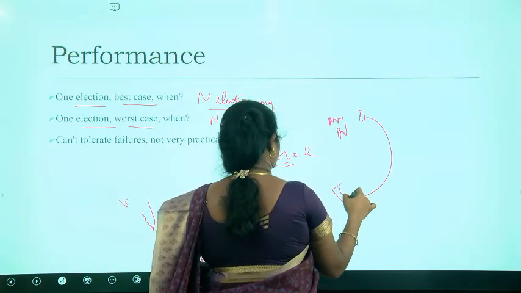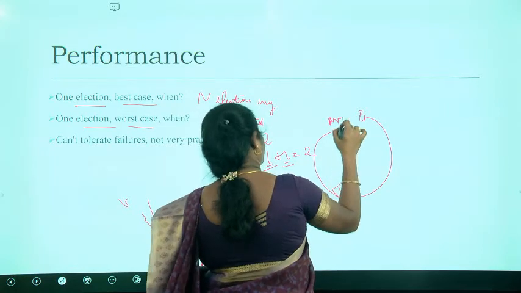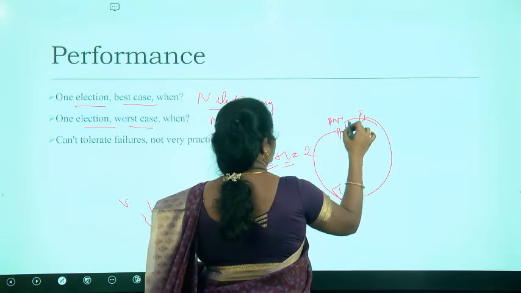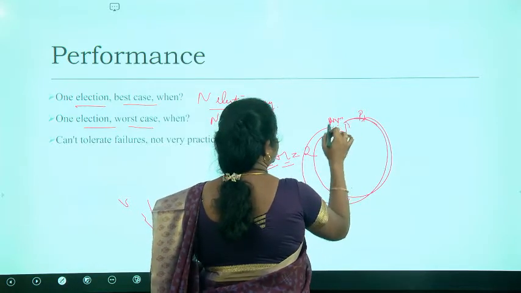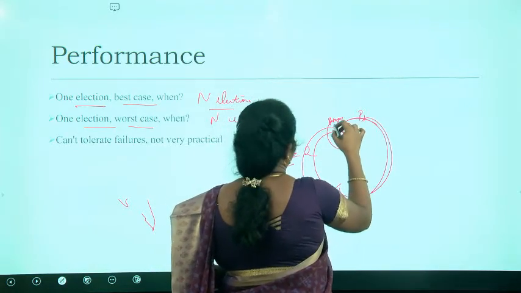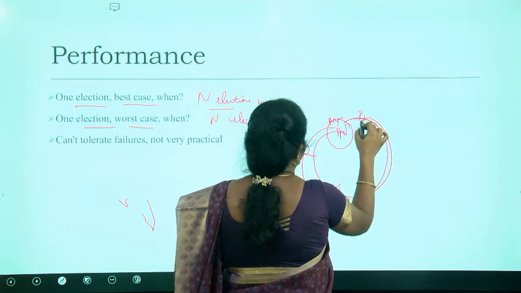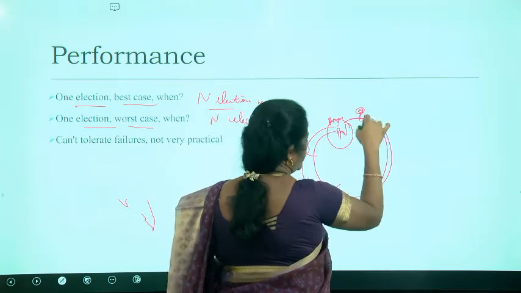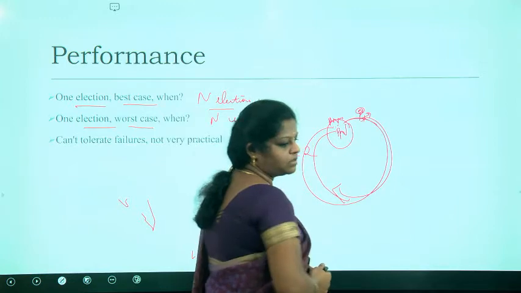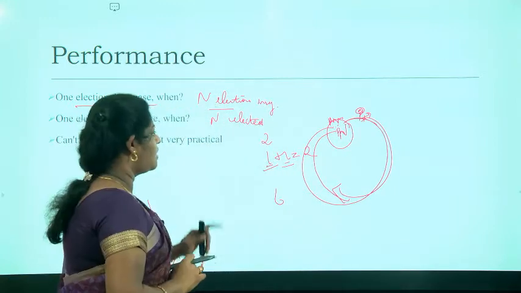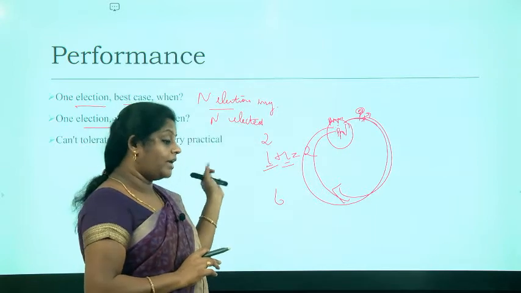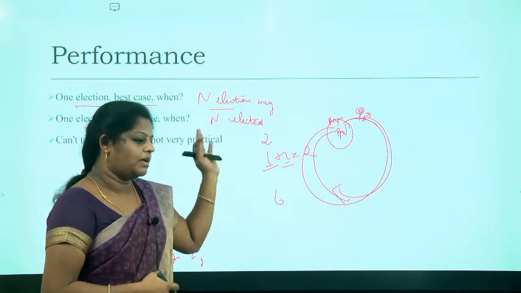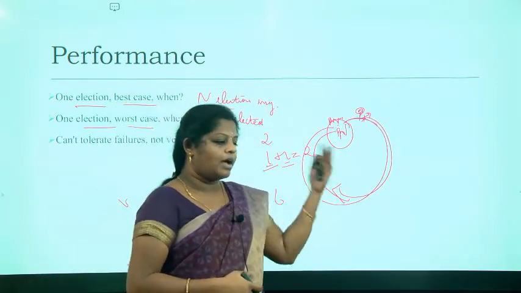That means it needs to check all. After reaching here, it needs another round, because it is only initiating. Again it should reach this position and conclude that this is not a participant. So the neighbor in the anti-clockwise direction has the highest identifier.